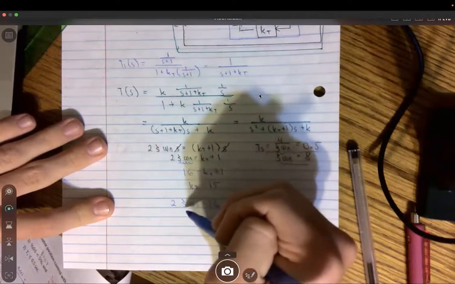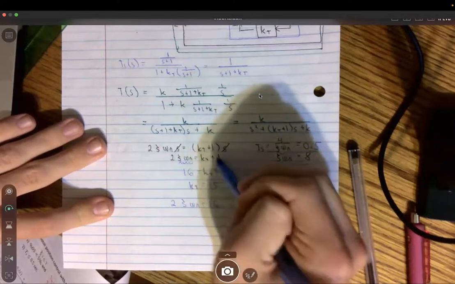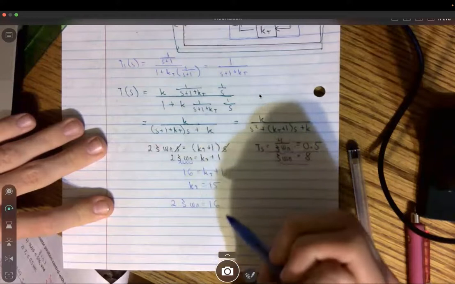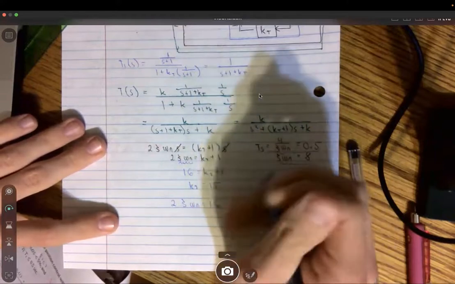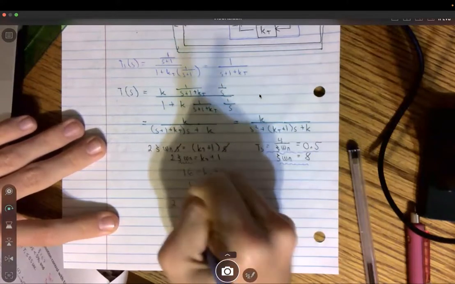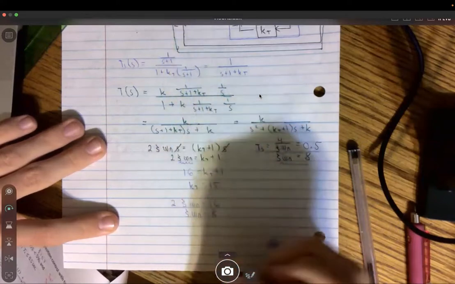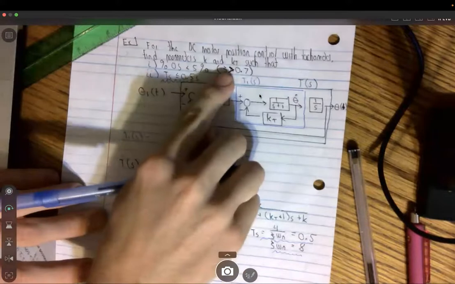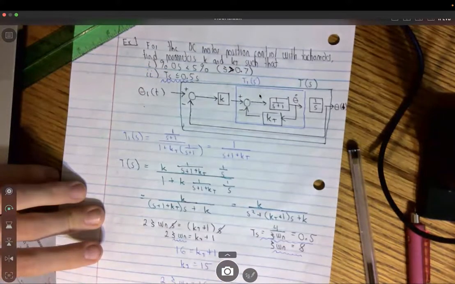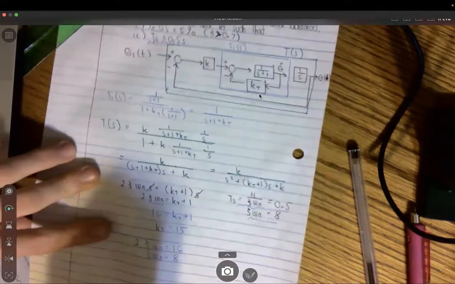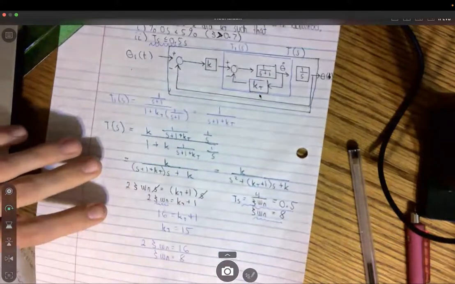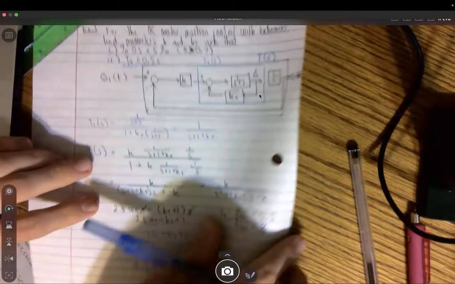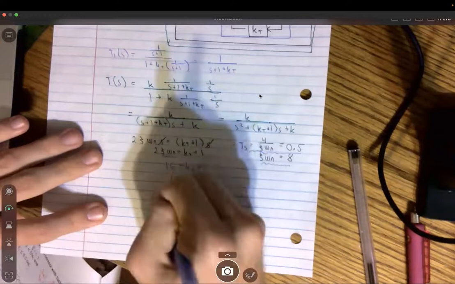Because recall that when you solve for kt, this is kt plus 1, so it's 15 plus 1, so that's why it's 16. You're going to see that when you have your zeta omega n equal to 8 and you divide by 2, recall your zeta had to be greater than 0.7. In the table, it was for 4.6, so it's fine if we set it equal to 0.7.